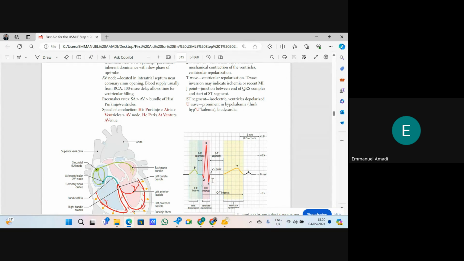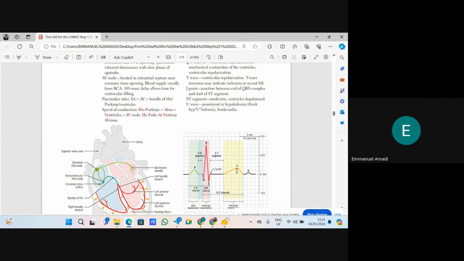Now, the QRS complex simply means ventricular contraction, which can still be termed ventricular depolarization. So at this QRS complex, the ventricle is contracting. After the ventricle is done contracting, there will be this isoelectric segment, which is the ST segment. That is the time between ventricular contraction and relaxation.